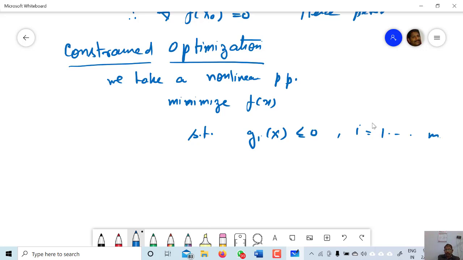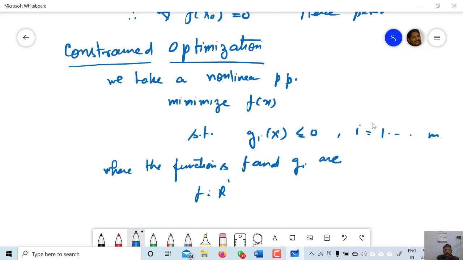So where the functions f and g_i are f such that R to the power n is tending to R1 and g_i such that R to the power n is tending to R1, okay.